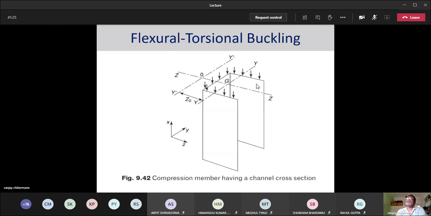Buckling is where your actual behavior is governed by the bending of the limb. You get my point in that whenever you did your Euler buckling in solid mechanics, maybe you did it mathematically or some other way, but fundamentally the concept is that there is a moment which is generated because of the axial force.